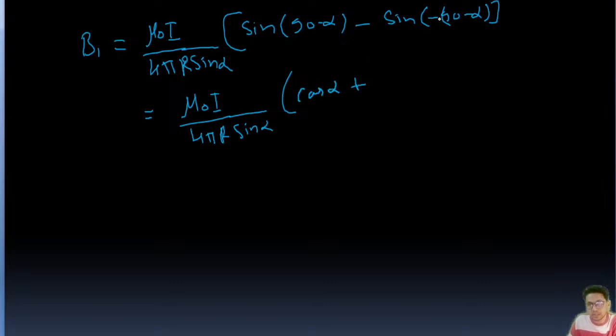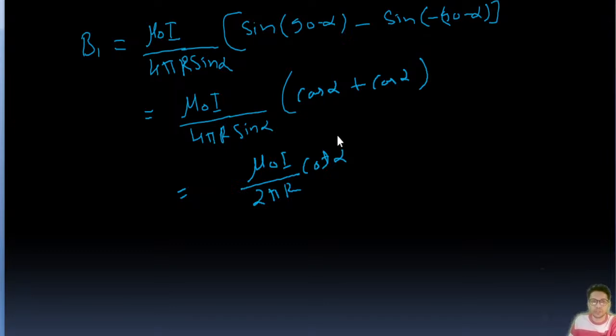So we solve it: this is 2 cos alpha, and the 2 cancels with the 4, so this is mu0 I upon 2 pi R, cos upon sine, cot alpha. So mu0 I upon 2 pi R cot alpha.